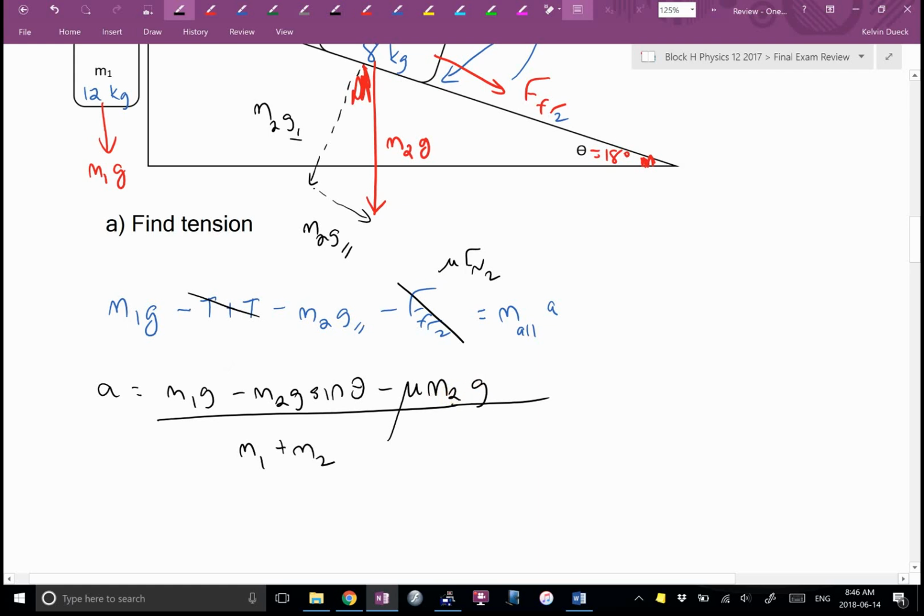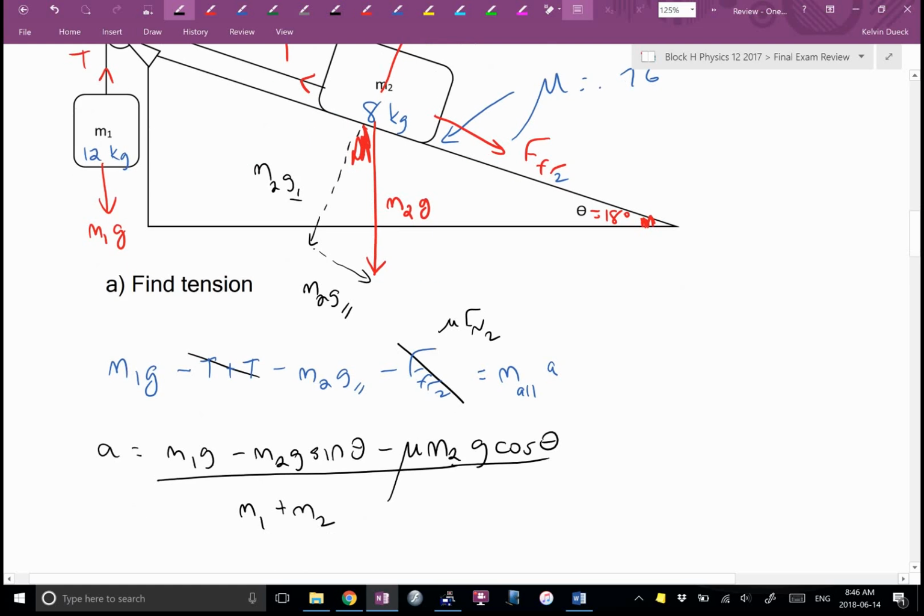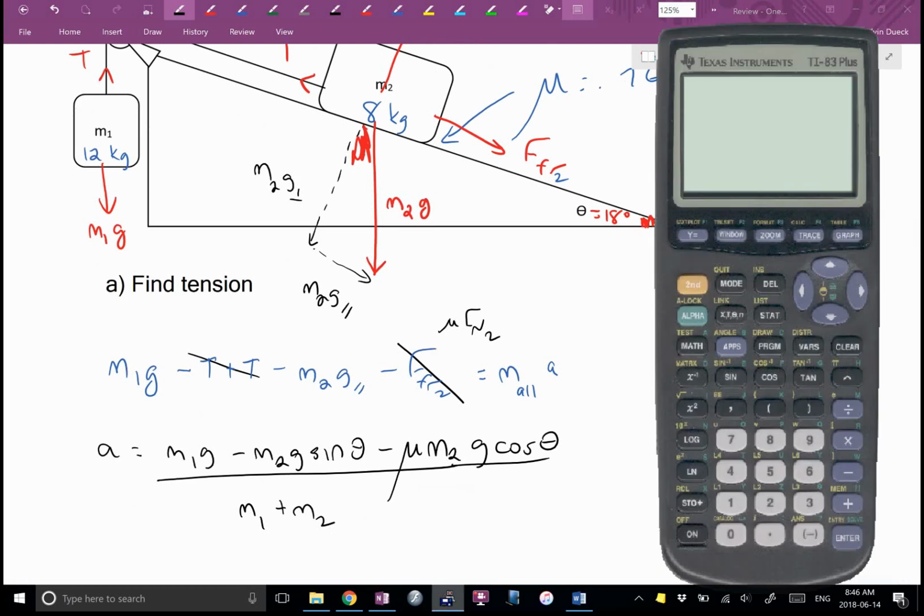M2G perpendicular. Which trig function is perpendicular? Of course it is. Let's see if we can be bold and go to numbers here. So I'm going to go see on my calculator.